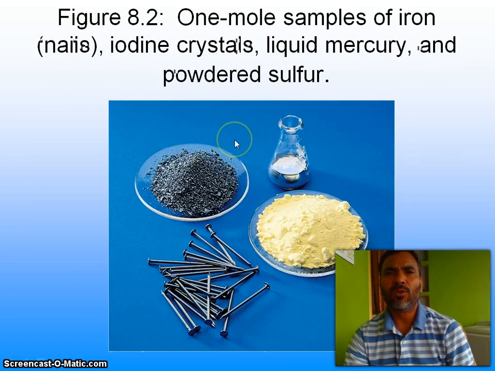So 1 mole samples of iron nails, iodine crystals, lead, liquid mercury and powdered sulfur all contain the same number of units.